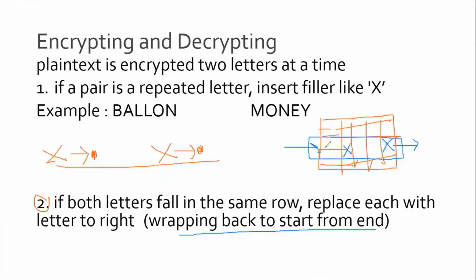And if we have x, suppose we have a here, so we will write x, with a replaced with the x. So the first rule is we have to write the right letter if both plain text letters are in the same row. That is a tricky part. Don't get confused so much. I will explain it with a complete example. The whole idea will be clear in the coming slides.